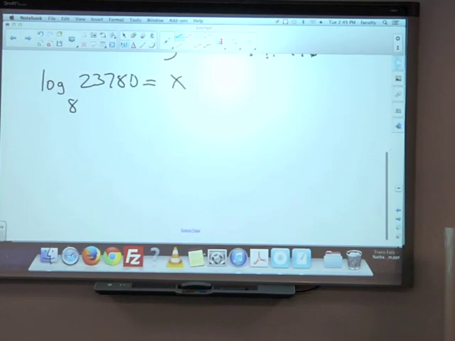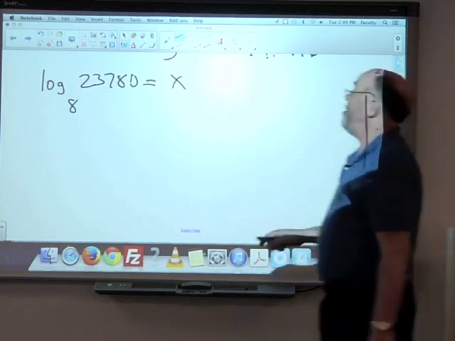The 3.93 number, yes. That would be the answer. So in terms of this one, if you want this on next week's test, how do I know what that is? Again, you just do the log of 23,780, and then divide that by the log of 8.